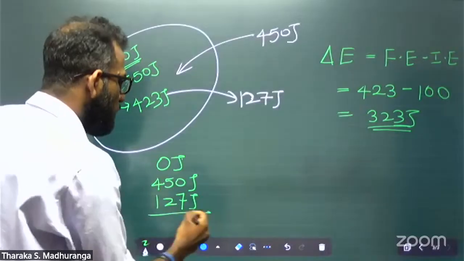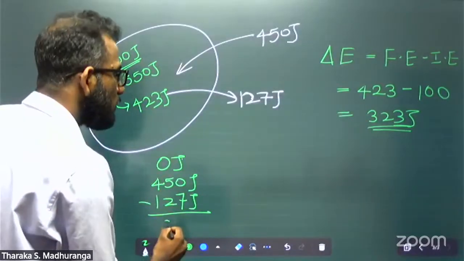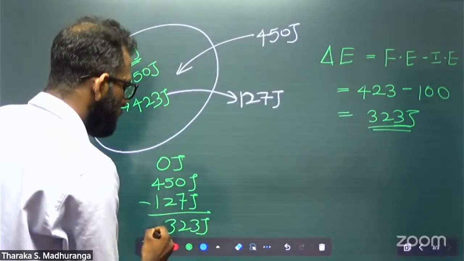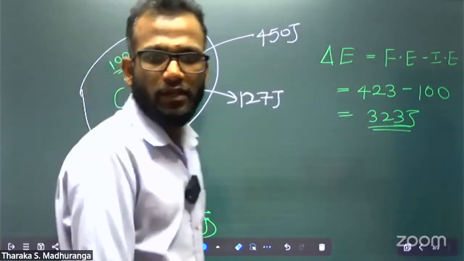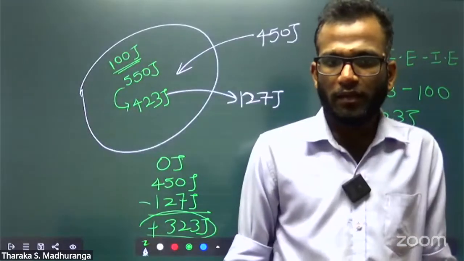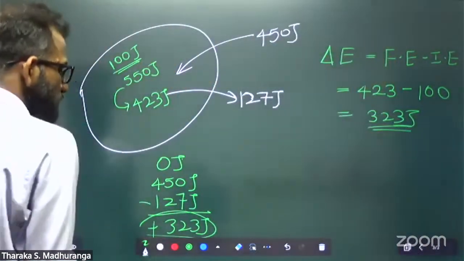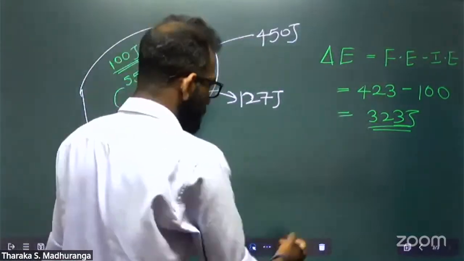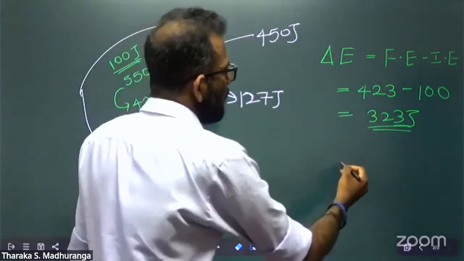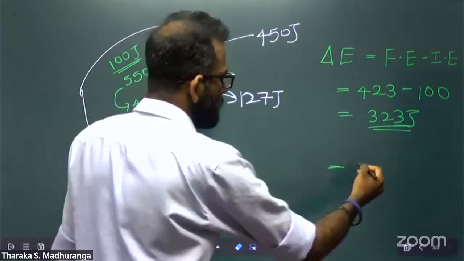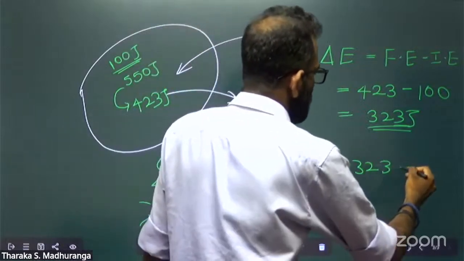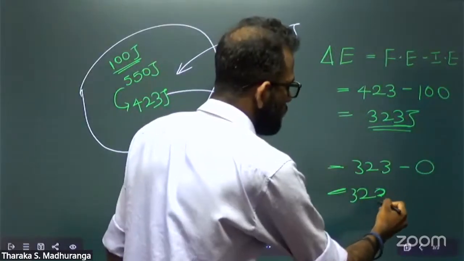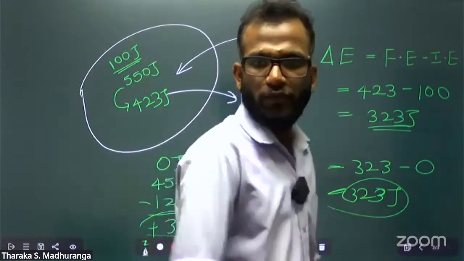Then what is the remaining amount? The remaining amount is 323 joules, a plus value. Now, what is delta E? The final energy level is 323 and initially it is 0, so it is 323 joules. I think you got the full idea.